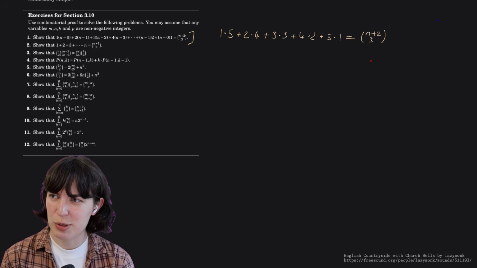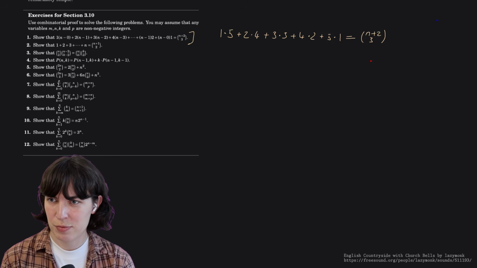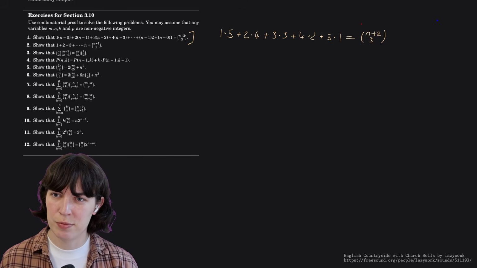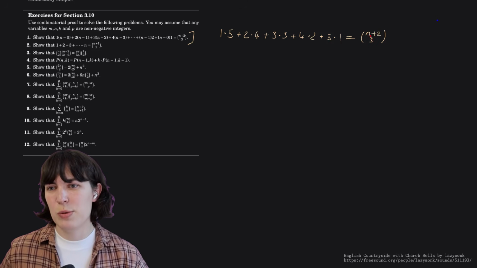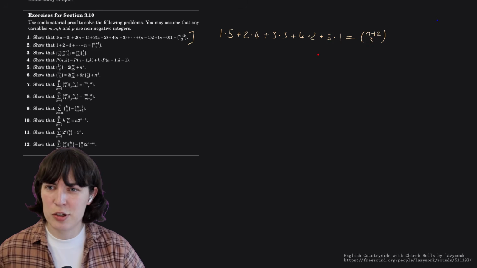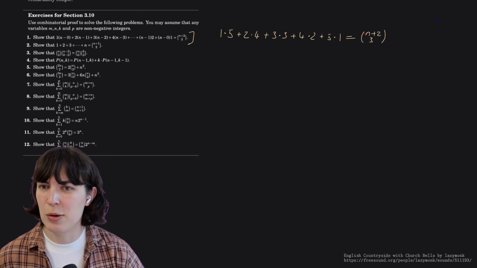And we're supposed to use the combinatorial proof where we have a set. Well, what's the right-hand side about? N plus 2, choose 3. No, it actually won't be that.